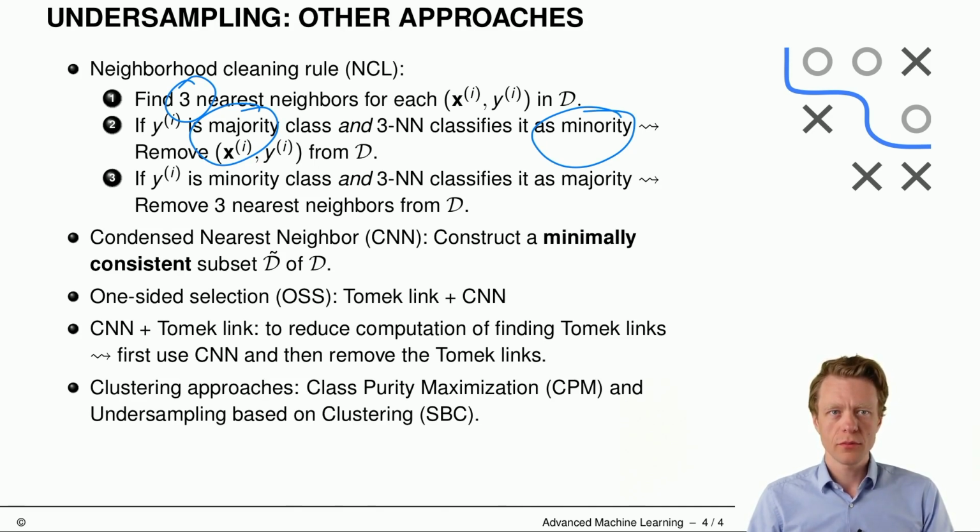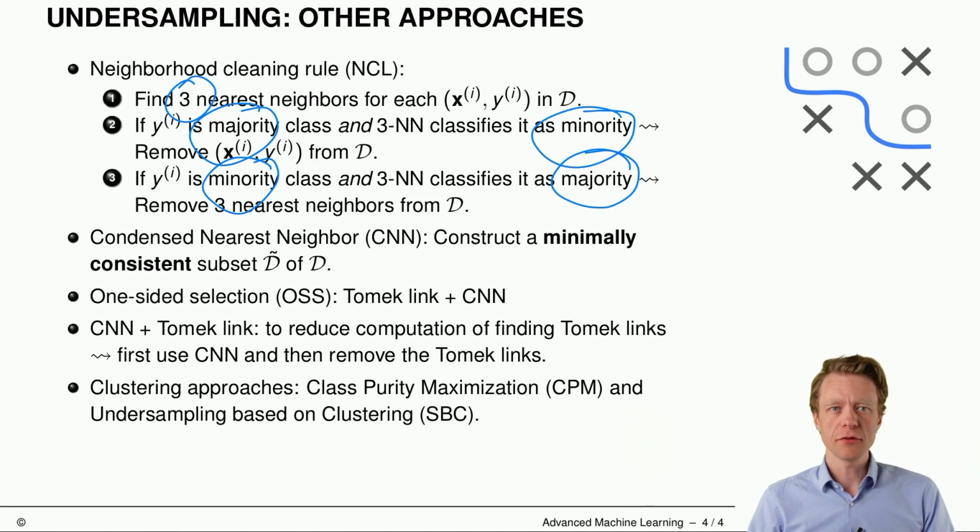If it's the other way around, so if it's a minority class data point and the 3-NN classifies it as majority, then of course you will not remove x_i or y_i, but you will remove the 3 nearest neighbors that are more or less the culprit for this false classification.